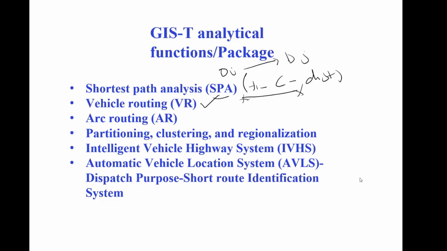And then we have arc routing. Arc routing basically works on three important functions. The first one is to compute, on the basis of optimal matching, how to satisfy the demand between any two points.